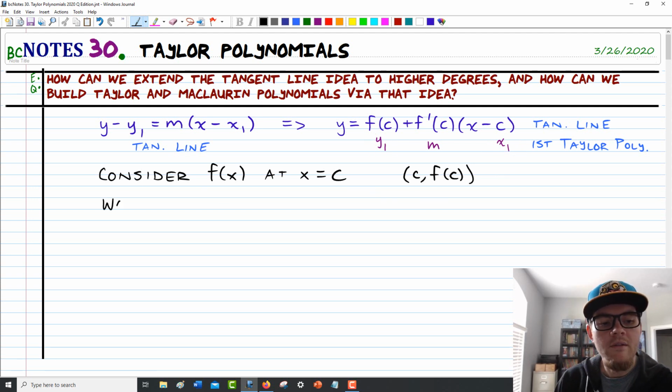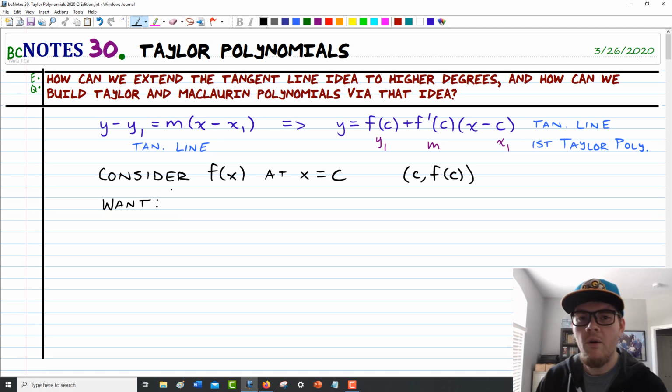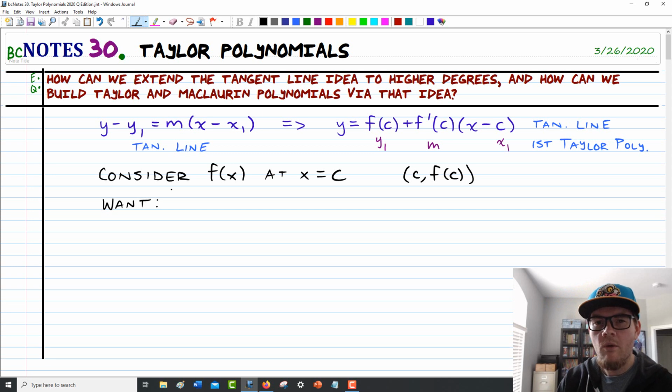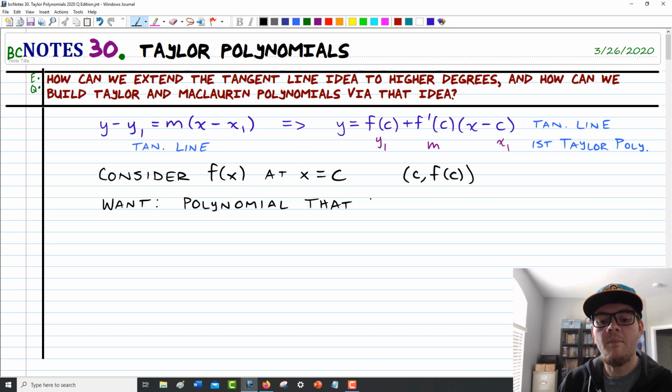Now, this is a little bit complicated the first time you see it. The question is what are we trying to do here, that we're going to derive in just a second. The thing that we want is to develop a polynomial. First and foremost, it's a Taylor polynomial, meaning it's going to have a bunch of terms that have whole number degrees, all that good stuff. But we want to develop a polynomial that matches something about another function.